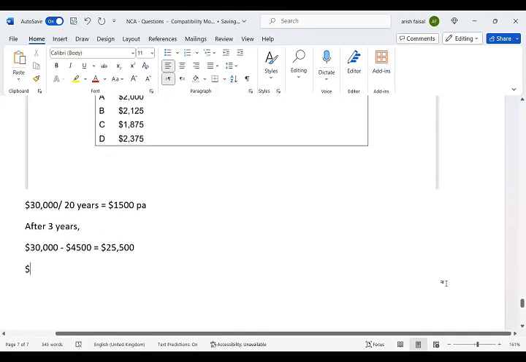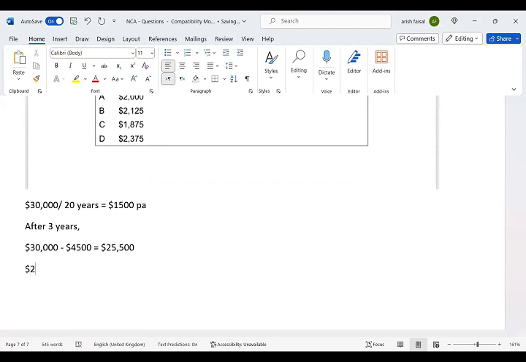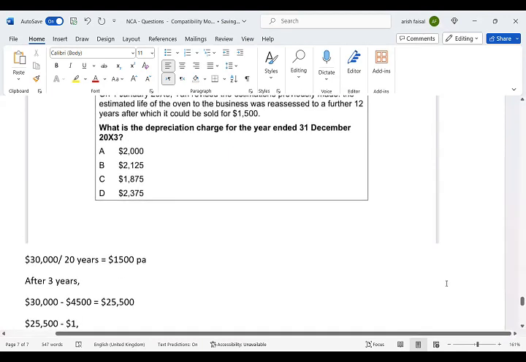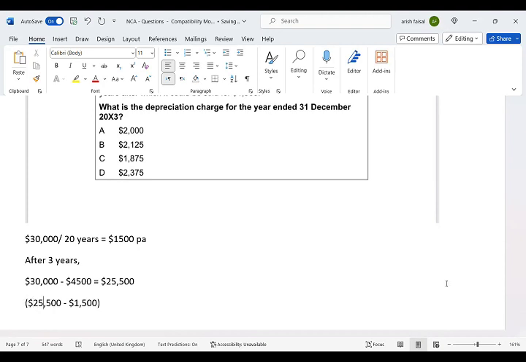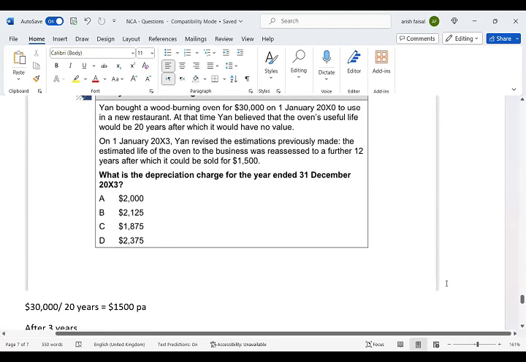So I'm going to say the revised carrying value at the time of the revision, which is 25,500, minus the estimated scrap value, which I believe to be 1,500. And this will give me my new depreciable amount, which is going to be 24,000. And I will be depreciating it over the remaining useful life of 12 years, for which Yan expects that he will be using this oven.